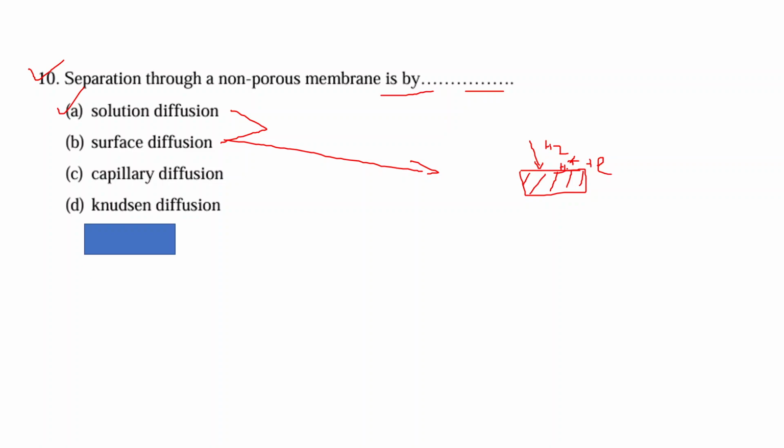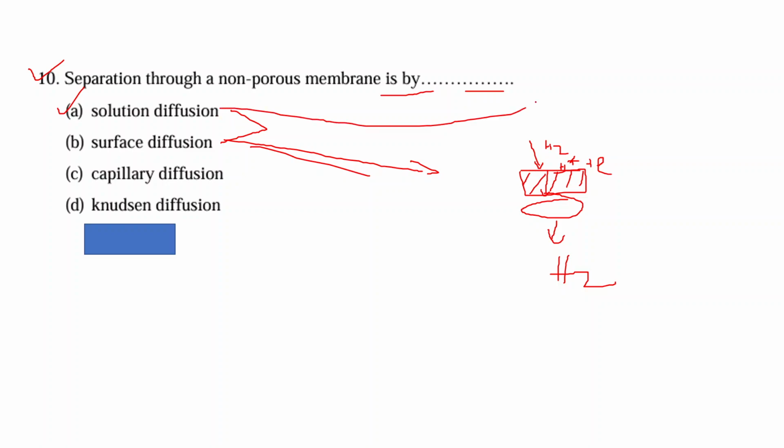This H plus and electron will diffuse through the membrane material through the porous channel. Then this hydrogen and electron will again recombine together and form hydrogen. This is the surface diffusion process.